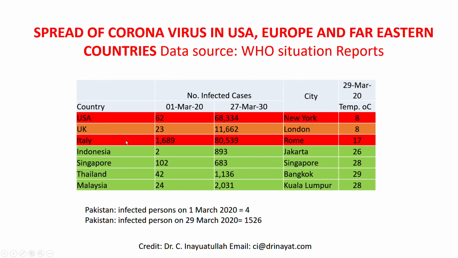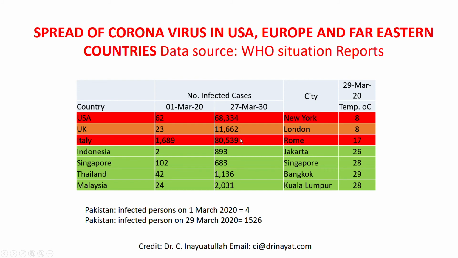In Italy, the infection count on 1st of March was 1,689, which jumped to 80,539 on 27th of March, and in Rome, the temperature was 17. So we can see in these countries that the temperature is very low, and also the infection is spreading at a very high speed.